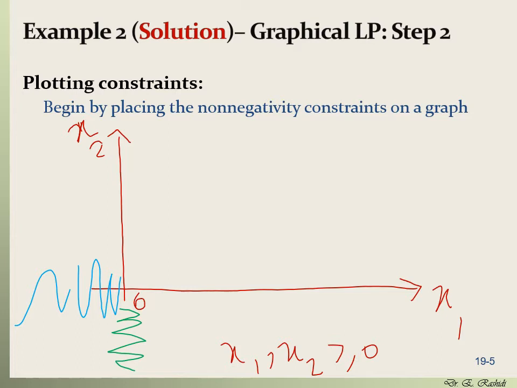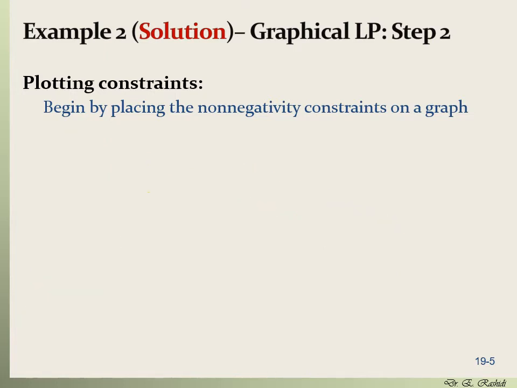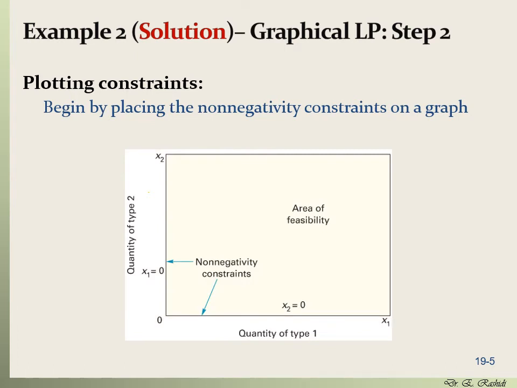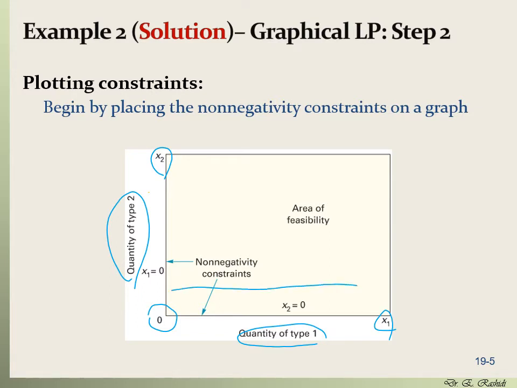This means that our feasible space so far is the region here on the positive side, where x1 and x2 are both positive, with the intersection being where x1 and x2 are both 0.